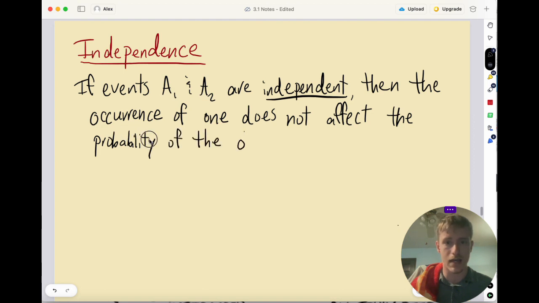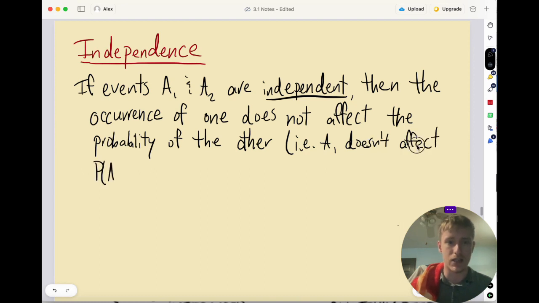I.e., event A1 doesn't influence or affect the probability of A2 occurring, and vice versa, A2 also doesn't affect the probability of A1.